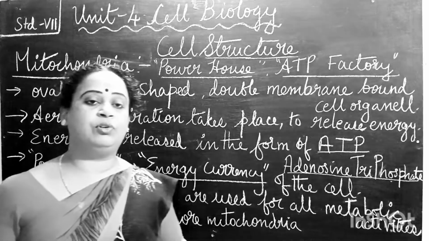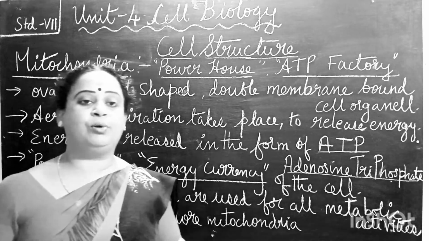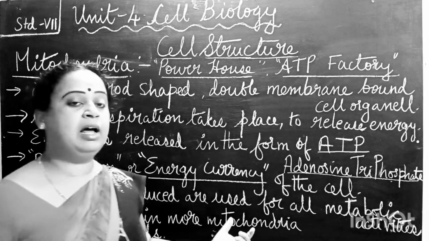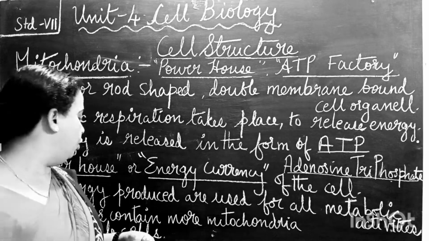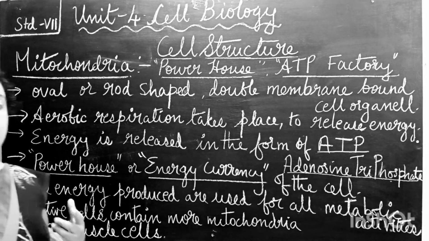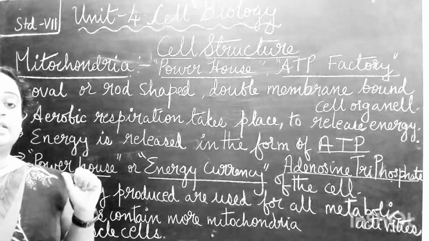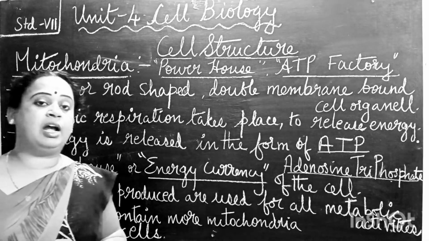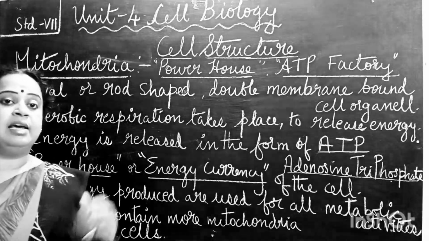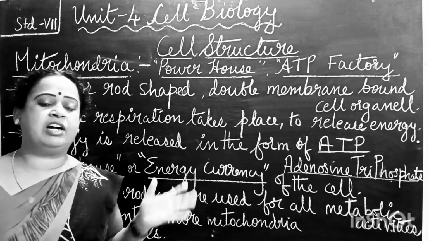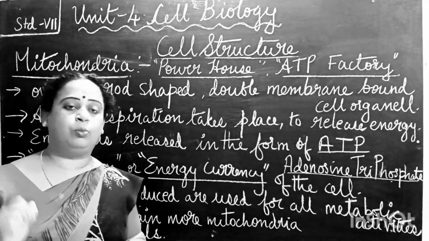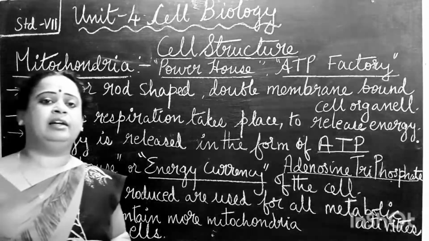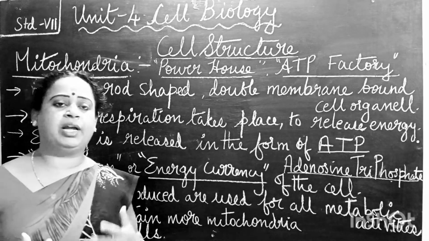So when we eat more nutritious food, more ATP is produced by the mitochondria. When cells have more mitochondria, that cell is very active. Can you guess what type of cells will have more mitochondria? Definitely muscle cells. Using muscle cells we do different functions: writing, walking, doing household work, studying, dancing, many day-to-day activities.